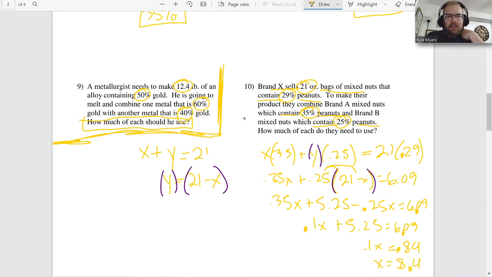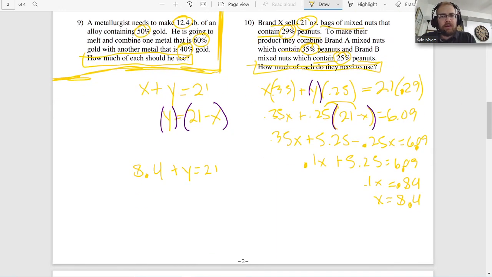And what was x again? X was the 35%. Oh, and it says how much of each? So 8.4 of the x, which is the brand A, plus y equals 21. So it would be 21 minus 8.4, and that's 12.6.